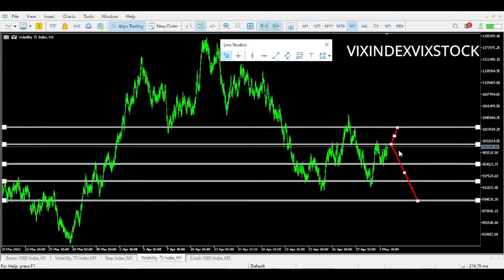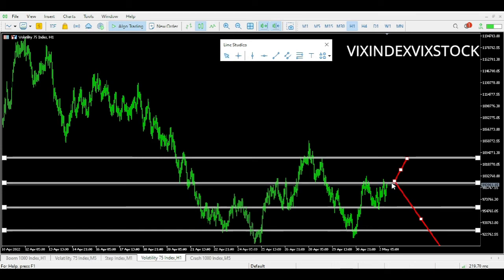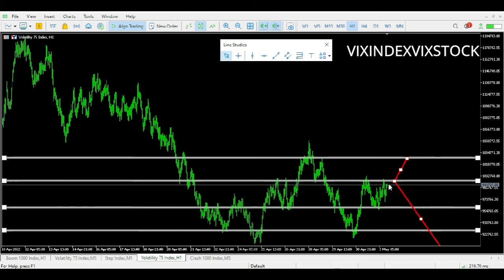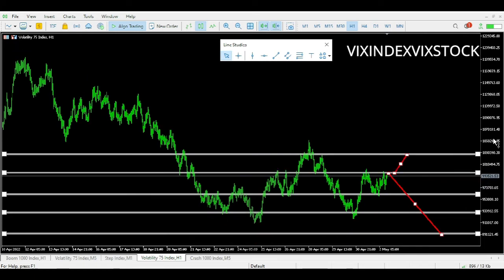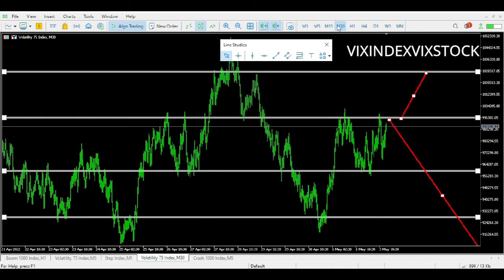My thinking is if we potentially break through this area here, then obviously we want to go and touch the next zone. But if we bounce from this area, then what I'm looking for is that we are going to go down. That's how I've simplified my trading.